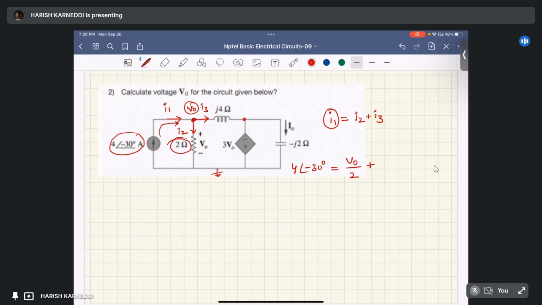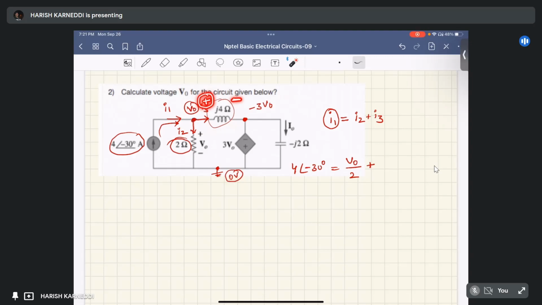It is the potential difference across this particular J4, right? What is the potential at this point? Here it is 0 volts, because we consider this node as the reference node. What about the voltage at this node? It is minus 3 V0, right? So the potential difference across this J4 ohm is the voltage at this point minus the voltage at that point.